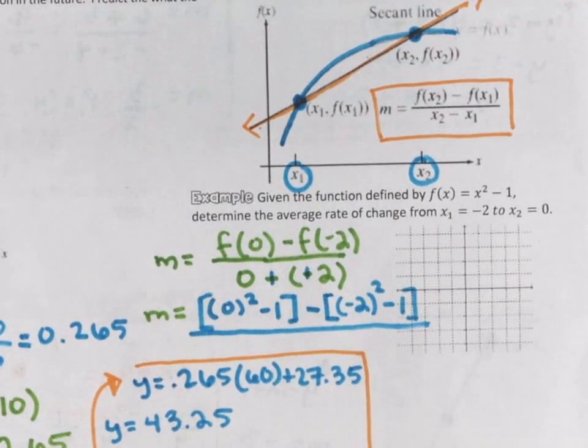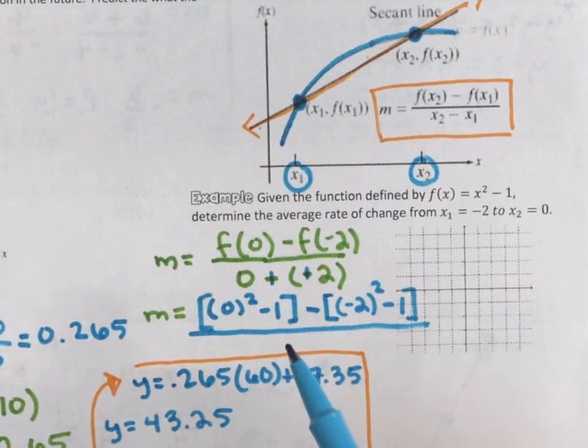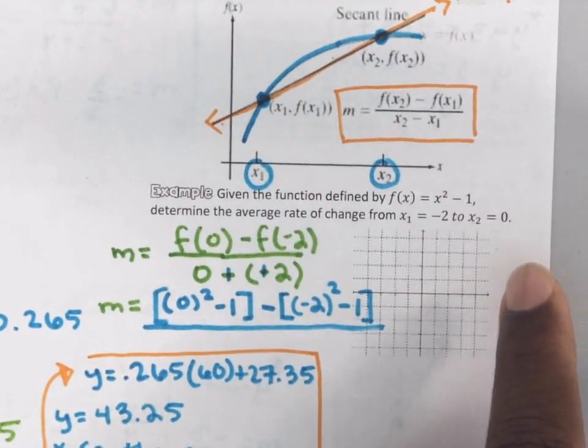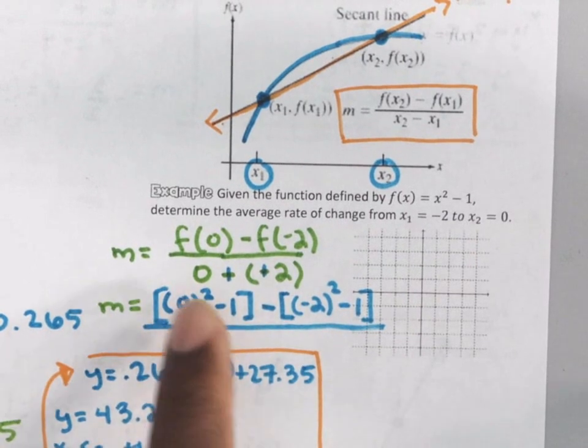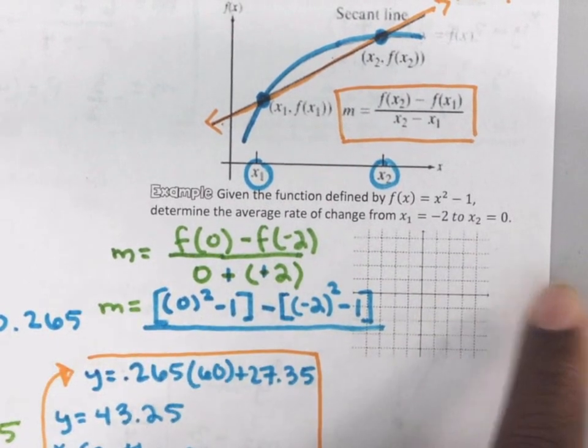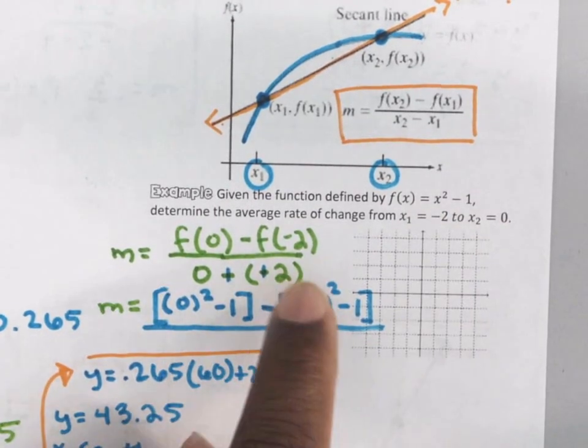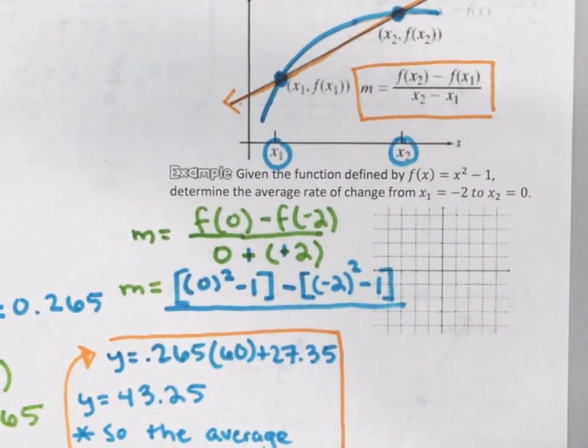Everybody okay? Some people would like to do this on the side. So you might come over here and do f of 0 and then come back and write what it came out to equal. And then you might go to the side and do f of -2, and then come back over. Some people like to do it like that too.